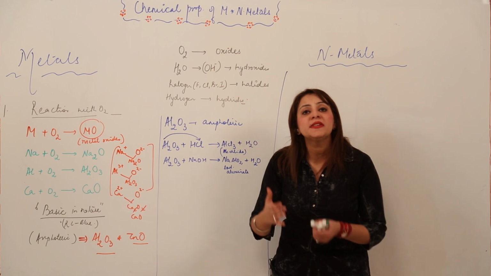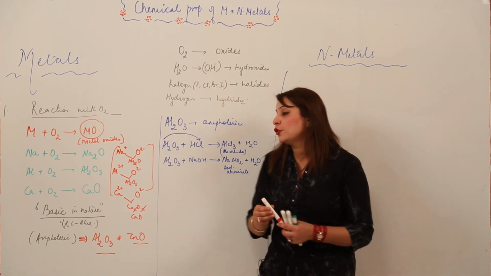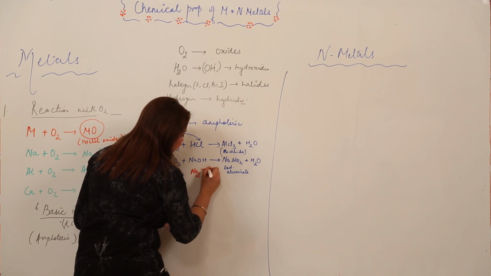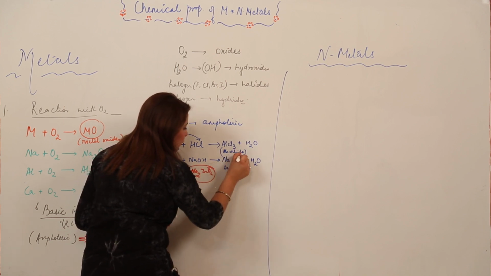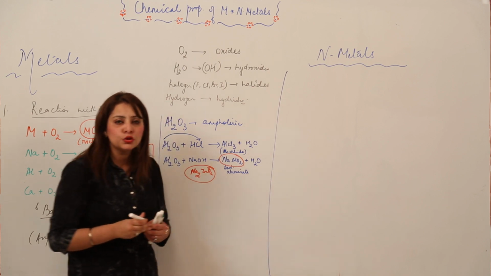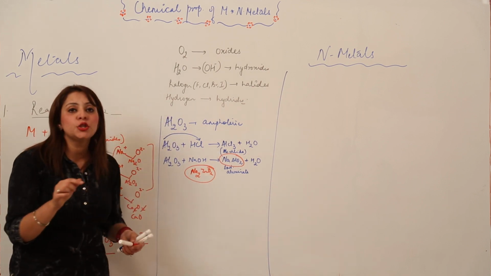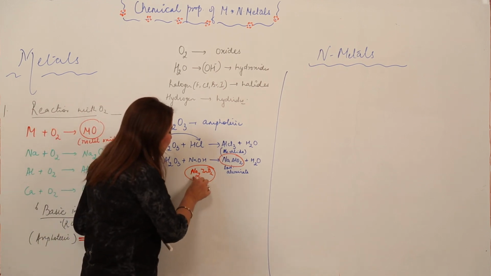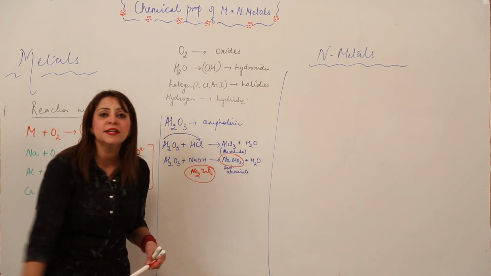We'll get sodium zincate. And what is the formula for sodium zincate? It is Na2ZnO2. So sodium aluminate is NaAlO2 and sodium zincate is Na2ZnO2. Don't get confused about where this 2 comes from in sodium zincate when it is not present in sodium aluminate.